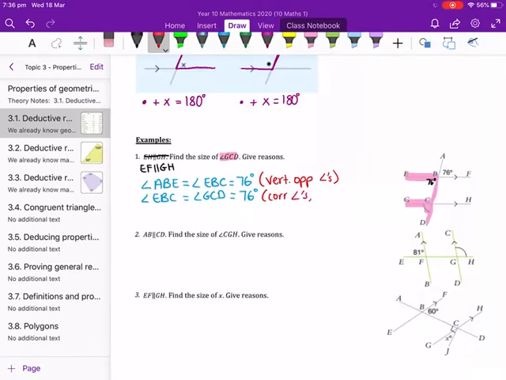And we have to show that this is because of parallel lines. So we say EF is parallel to GH, and that is that question done.